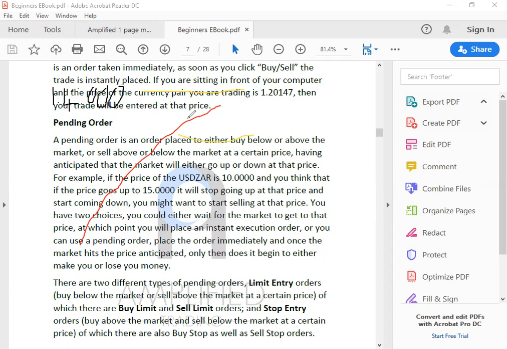All right. And we believe that the price will continue to rise to 15 Rand, for example. Okay, we're just using arbitrary numbers here because they're very easy to relate to.